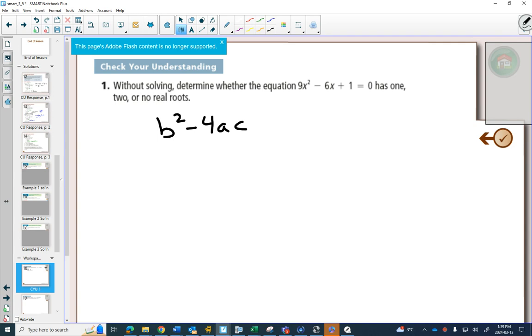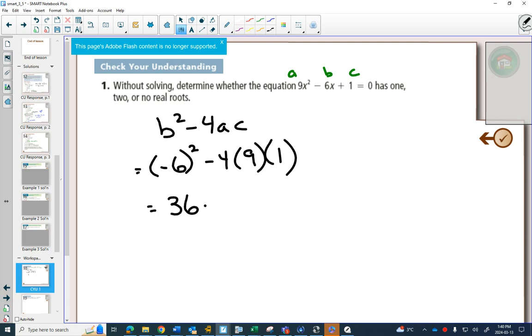Again, this is my a, this is my b, this is my c. It's written in the right form where one side is equal to 0. So my b would be negative 6 squared minus 4, my a is 9, my c is 1. If I solve this, it's going to be 36 minus 36, which is 0.